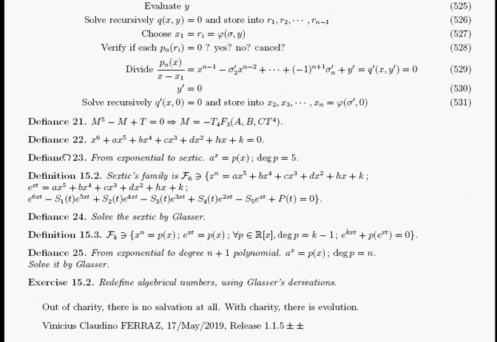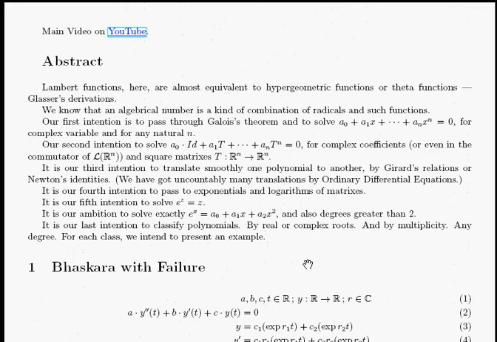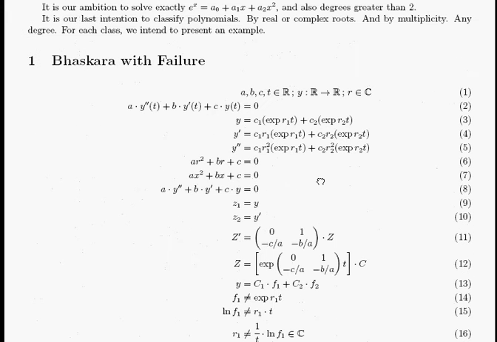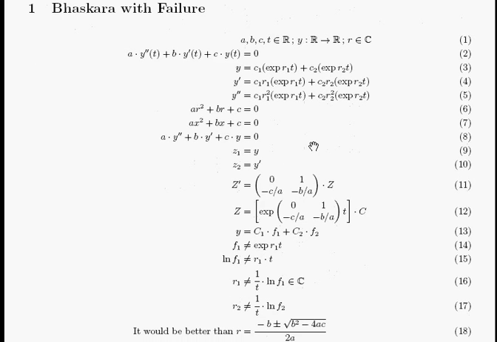Okay, so let's begin again. As we have seen in our last videos, when we try to solve an ordinary differential equation of degree 2, a y double line plus b y line plus c y of t equals to 0, we have an exponential of a matrix times t times c, which is also c1 f1 plus c2 f2, but they are not separated by exponential of r1 t and exponential of r2 t.